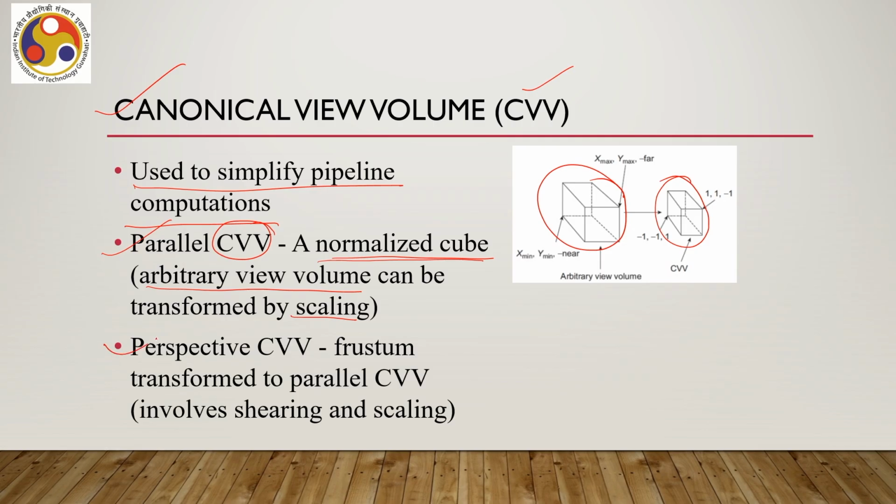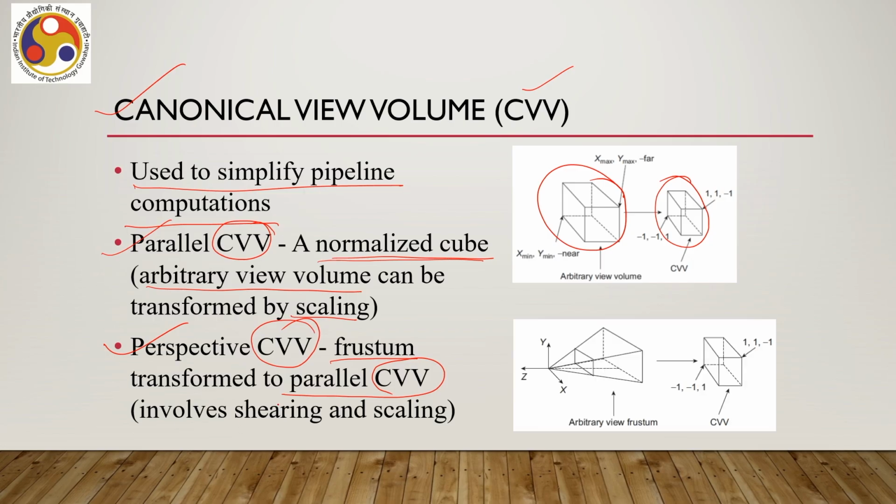For perspective projection, the computation is a little bit higher. Here we need to convert the frustum to a parallel canonical view volume, that is a normalized unit cube.